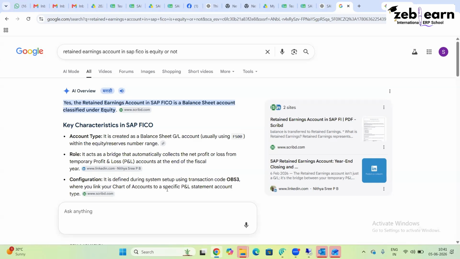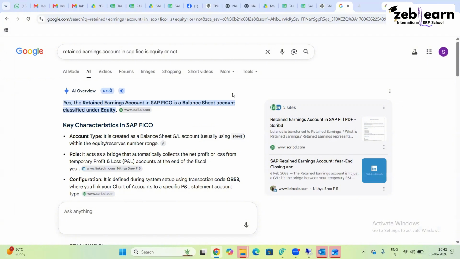Role: it acts as a bridge that automatically collects the net profit from the profit and loss accounts at the end of the fiscal year. Configuration: it is defined during system setup using transaction code OB53, where you link the chart of accounts to a specific P&L statement account type. So, the retained earnings account in SAP FICO is a balance sheet account under equity.